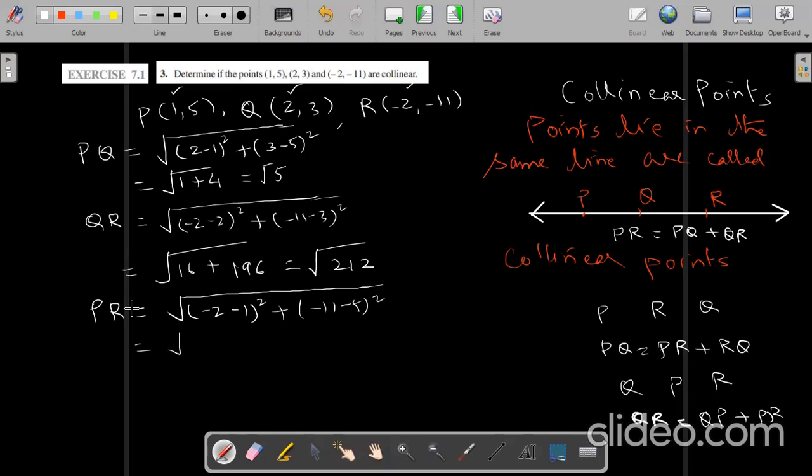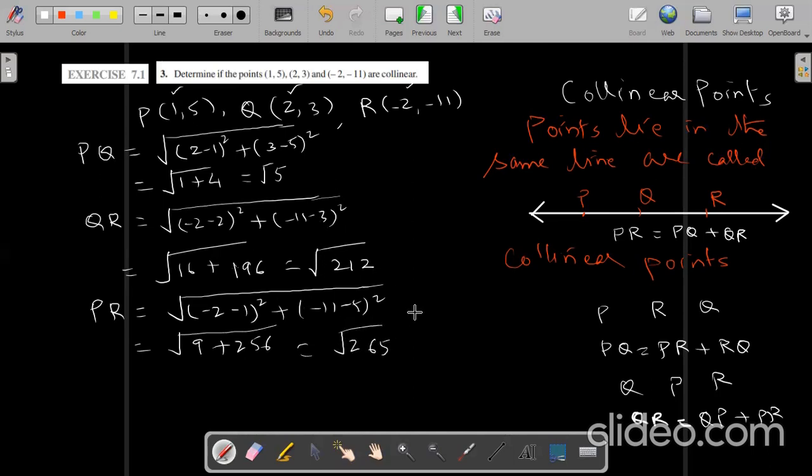So minus 2 minus 1 is minus 3, square of 3 is 9. Minus 11 minus 5 is minus 16. Square of 16 is 256. So 256 plus 9 is 265, under root 265.